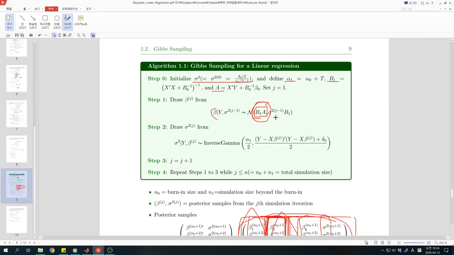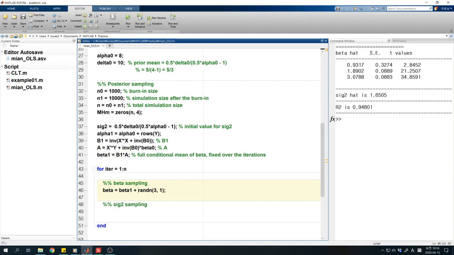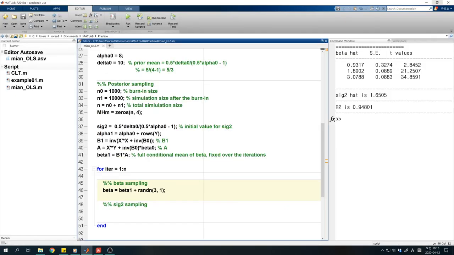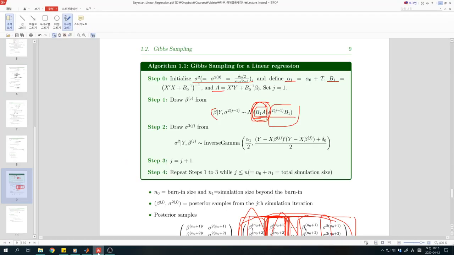Sigma squared times B1, right? But this is a standard normal. So to get normal draws from this distribution, the mean should be added. It has been added already. Here is beta 1, and then the variance is here.